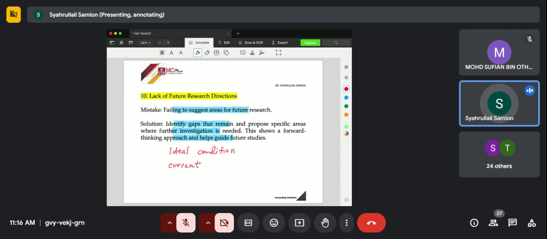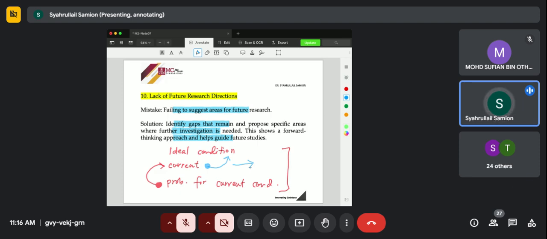And then you know what the problem for the current condition is. Okay, if you have all these three elements, it is easy for you to suggest your future research. Why? Because for sure, if you could overcome the problem for the current research, this current research will move toward the ideal condition. So this is your future research actually.